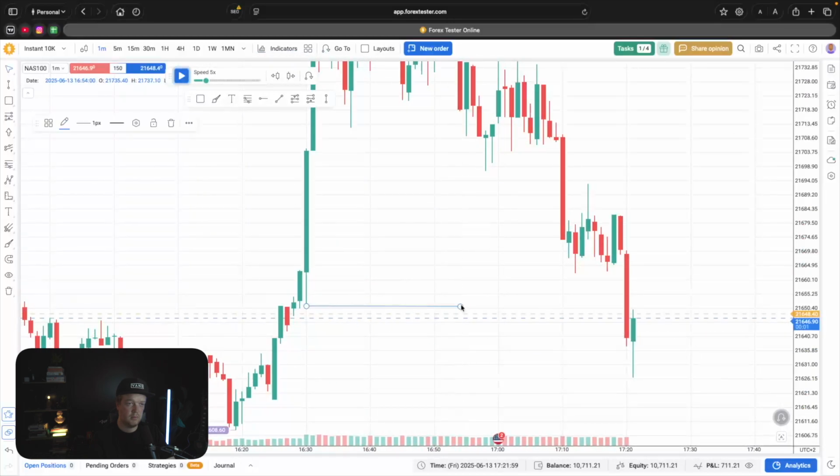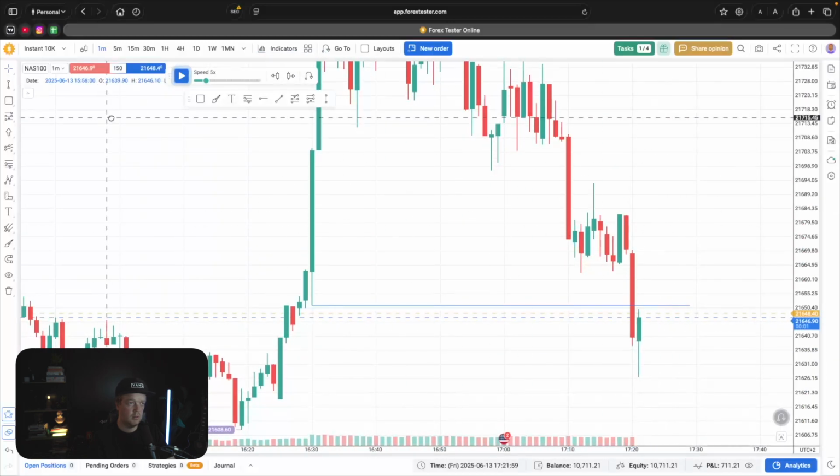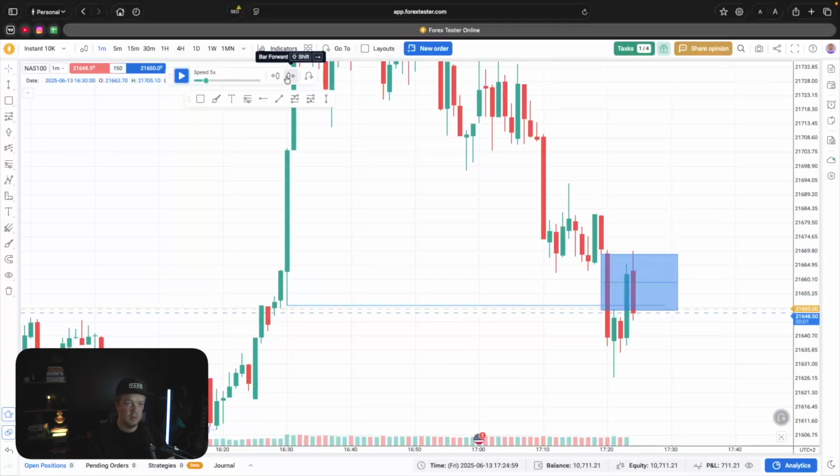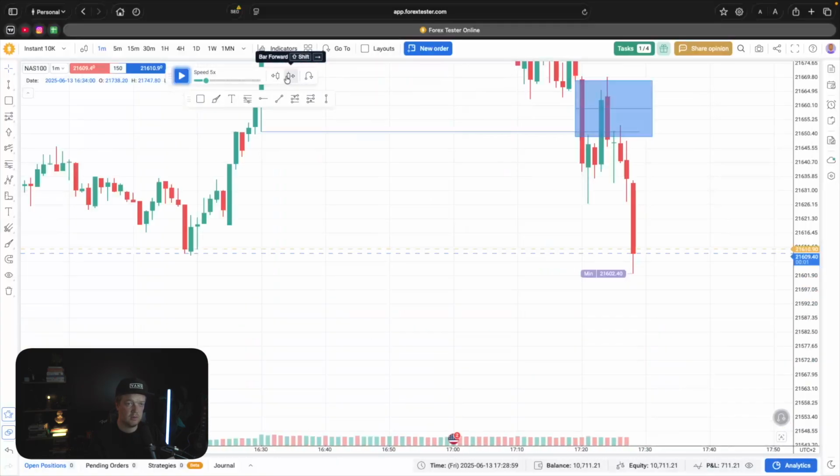There we go. That fair value gap is inside, going to the outside. So let's mark that one out. Now we're just waiting for that close.